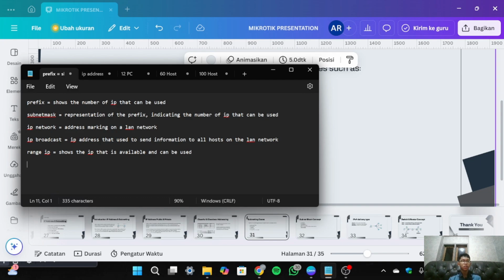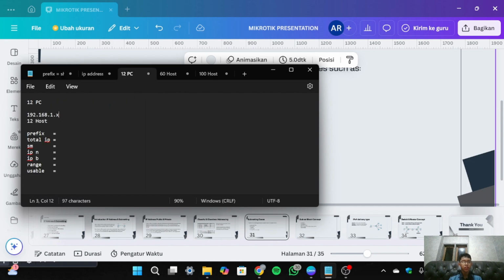Subnet mask is the representation of the prefix, indicating the number of IP that can be used. IP network is the address marking on a LAN network. IP broadcast is the IP address used to send information to all hosts on the LAN network. Range IP shows the IP that is available and can be used.